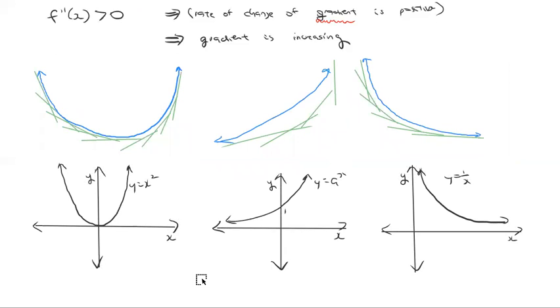Oh, that scaling didn't work out too well. Never mind, you guys get the idea. All right, let's look at the opposite idea. If you've got a second derivative being negative now, what does that mean? The gradient is decreasing. You've got a decreasing gradient.